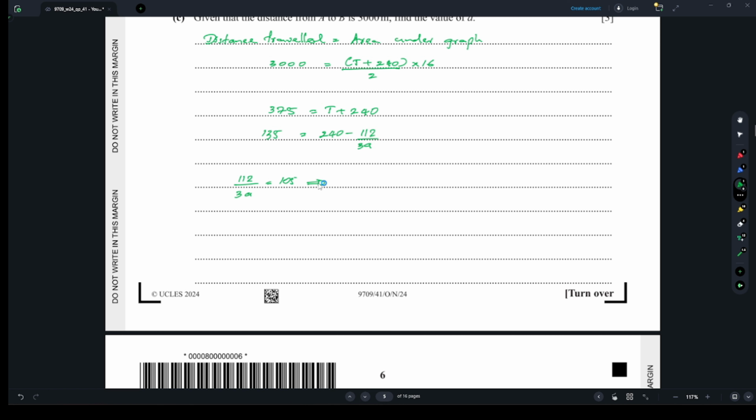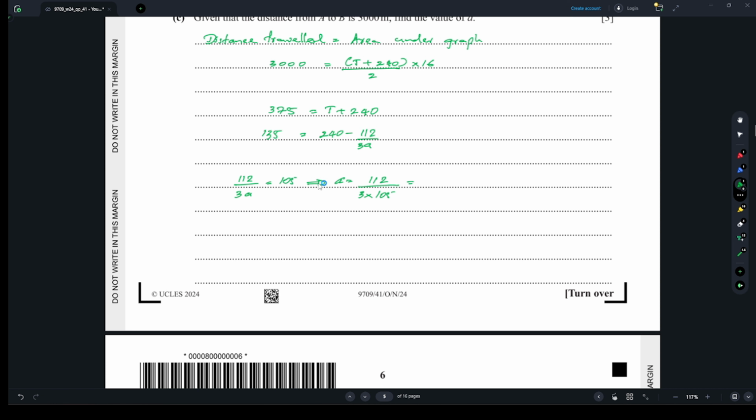So 112 equals 105 times 3a, and so I can divide by 3 times 105. The answer is 112 divided by 3 times 105.